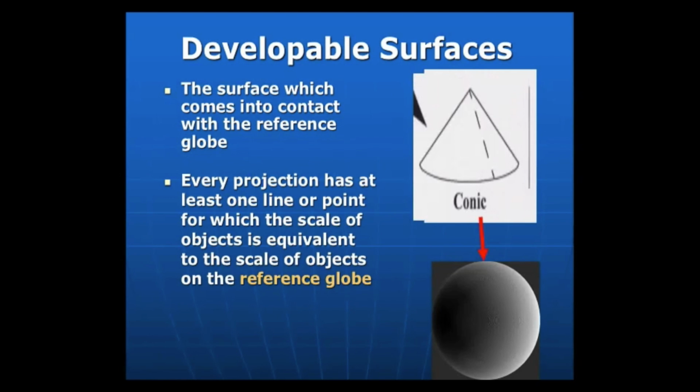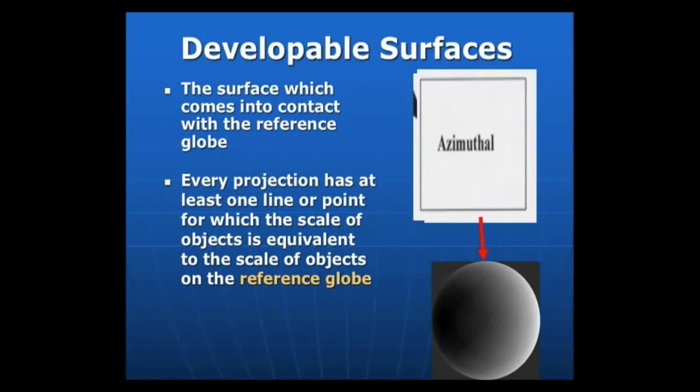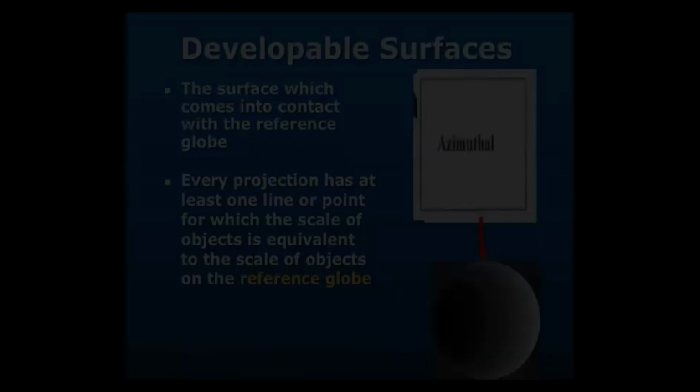How about the cone? We stick the little hat on top of our globe. Is it a point or a line? It'd be a line, right? About mid-latitudes. Or you can put the globe anywhere. How about the azimuthal? We just set it on top. A point right at the North Pole, typically.